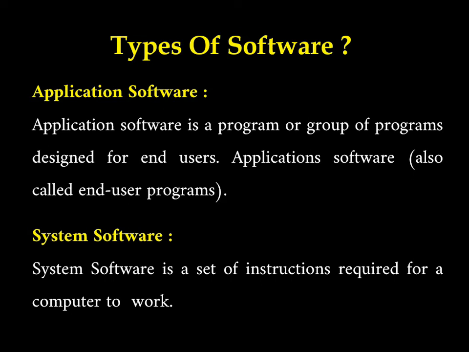That's why we install MS Office. The programs that come in MS Office are called application software, that means Word, Excel, PowerPoint, Access, or any other software we can install after we purchase the computer. For example, Tally, Acrobat Reader, Photoshop. These are different application software that work under the system software.